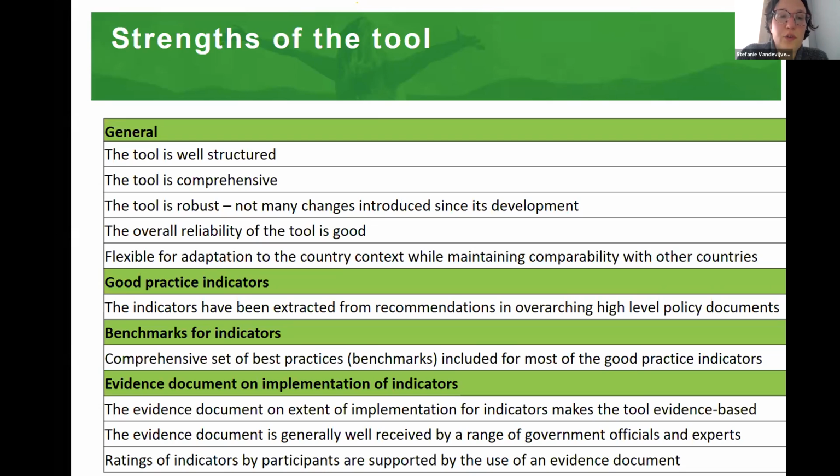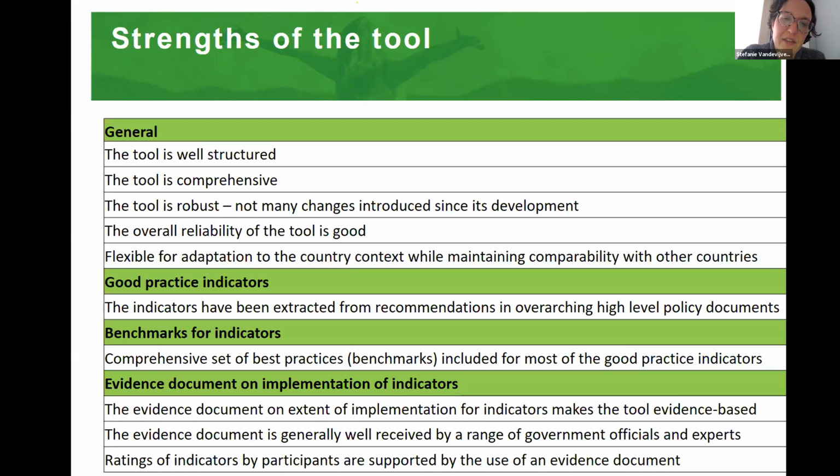When we look at the overall Food-EPI, the reliability of the tool is good. We do calculate inter-rater reliability, and generally that's fairly good in different countries. It is flexible for adaptation to the country context while still trying to maintain comparability with other countries.